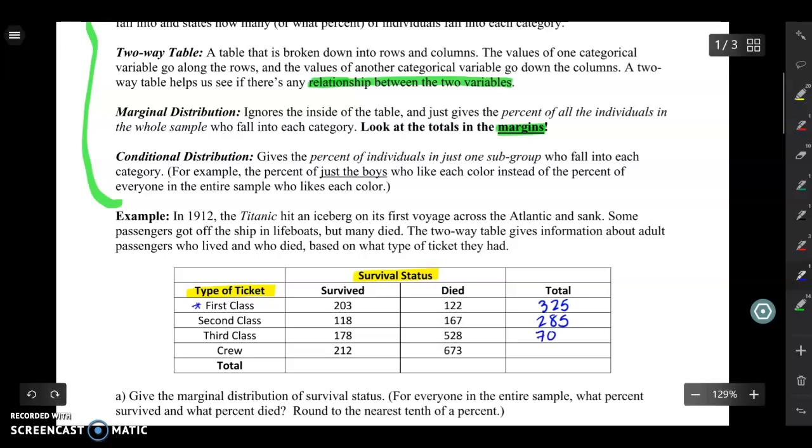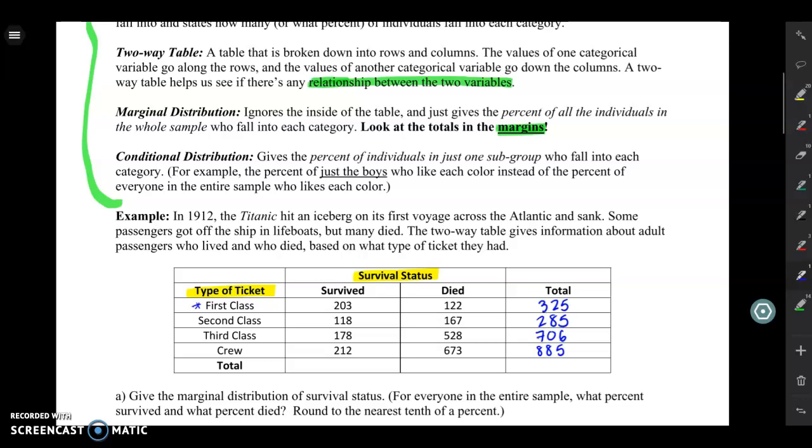The next row is 706, that's how many people held a third class ticket. And then there were 885 crew members on that ship. Those totals that we just talked about would be marginal distributions. We're just looking at people that held a certain type of ticket. We're not looking at whether they survived or died yet.